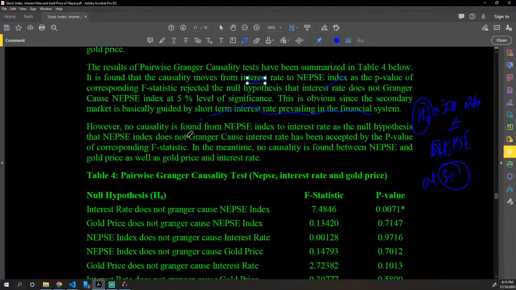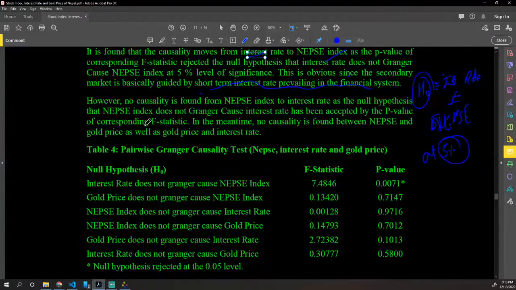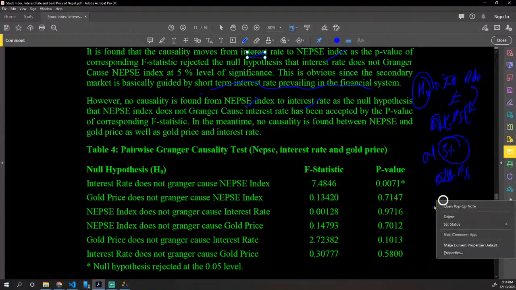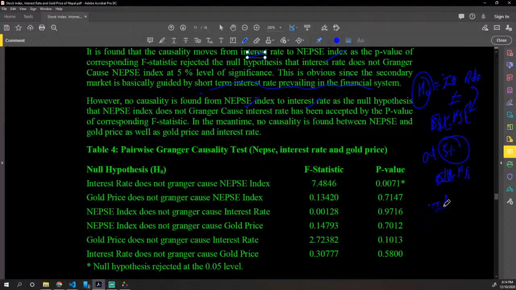However, no causality is found from the NEPSE index to interest rate. So basically this was interest rate to NEPSE, and then the other thing was NEPSE to interest rate.